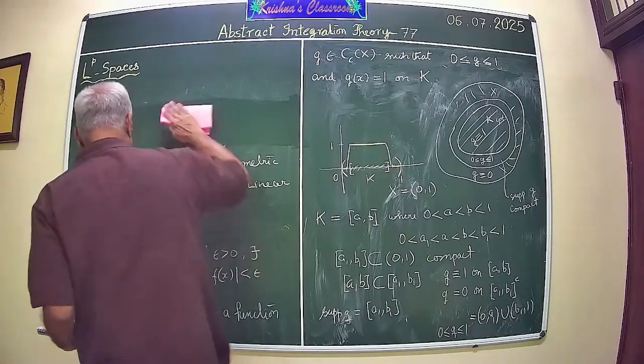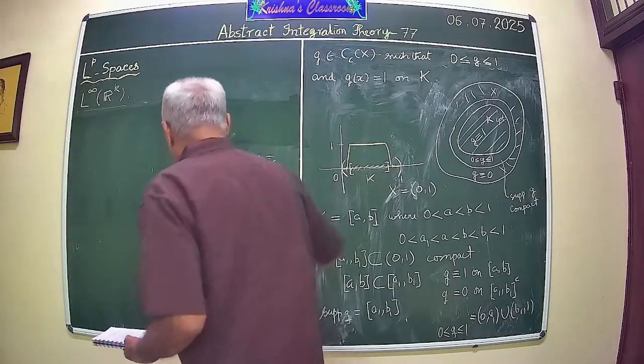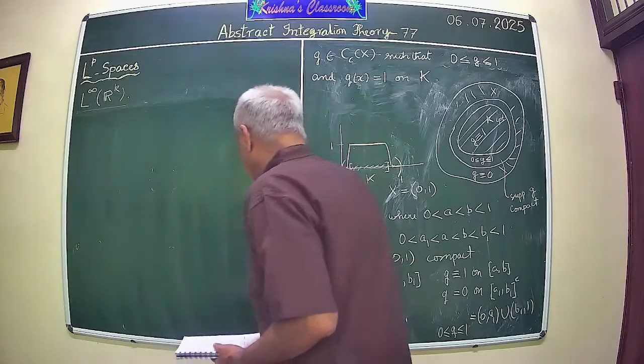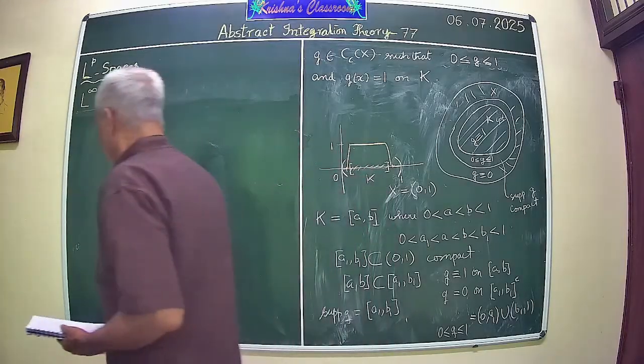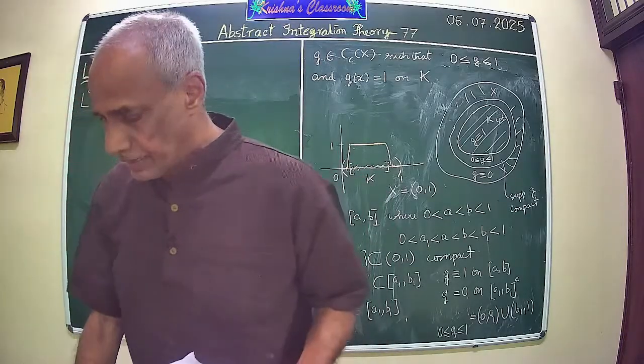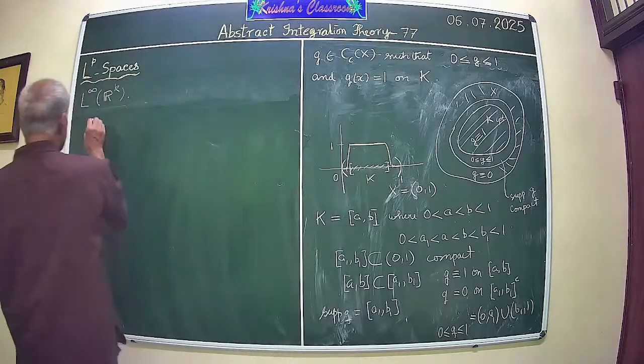So that is the situation. Now we have chosen such a g. Now define h equal to f times g.